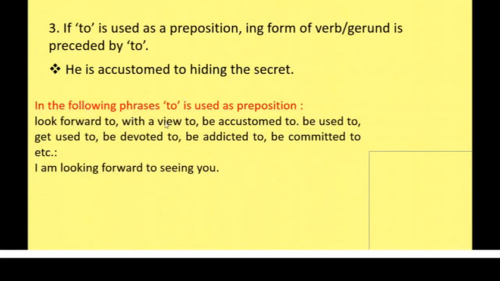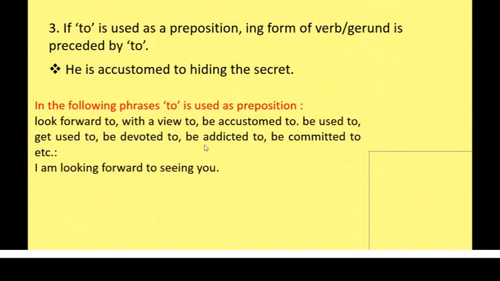You can find some phrases here. Look forward to, with a view to, be accustomed to, be used to, get used to, be devoted to, be addicted to, be committed to, etc. And you find to at the end of all the phrases. And in these phrases, to has been used as preposition.